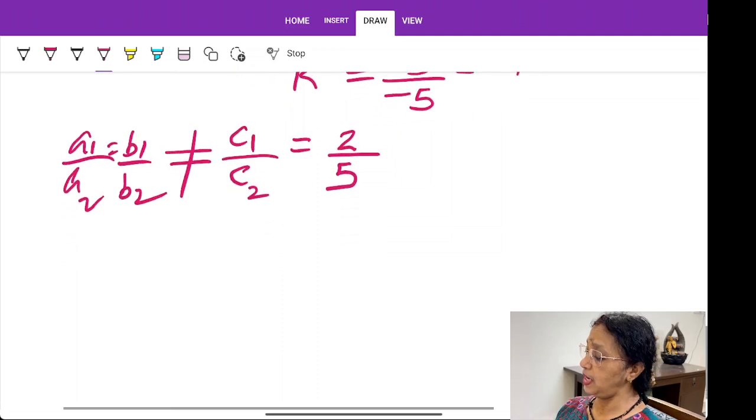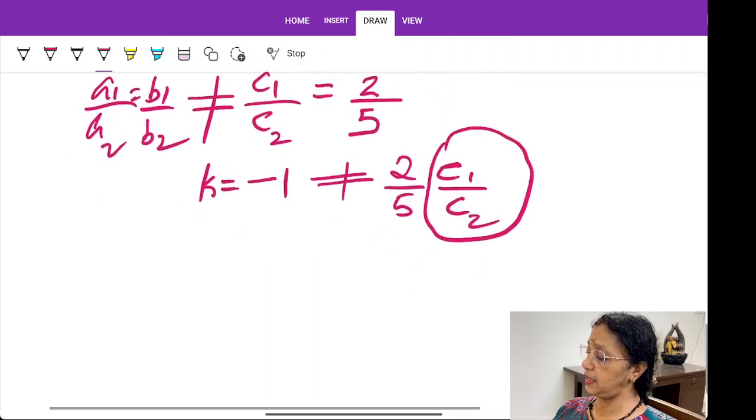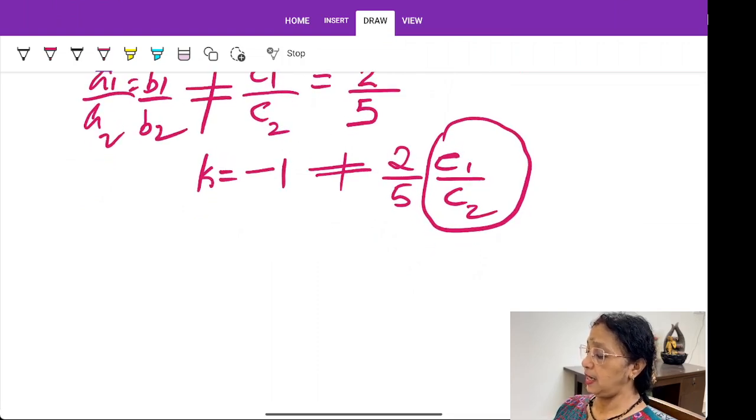That means k is minus 1, which is not equal to 2 by 5, the c1 by c2. Hence k equal to minus 1 is the value of k when there is no solution for the linear equations.